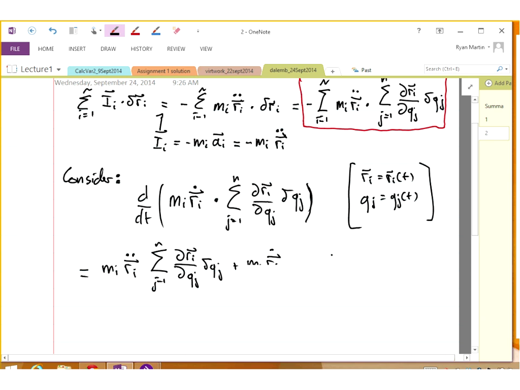It's d by dt of the sum of j equals 1 to n of partial r_i vector by partial q_j delta q_j. Now there's nothing that prevents me from bringing this d by dt inside of the sum, and it also commutes with the partial by partial q_j.